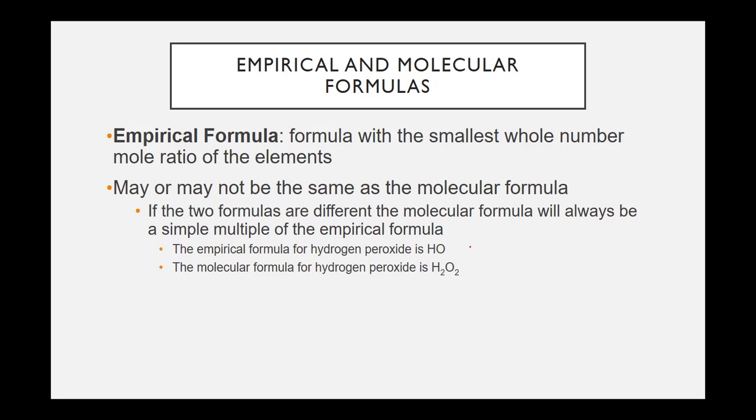So parang makuha kasi natin ang MF, we have here empirical formula. So means that yung N natin dito ay 2. So empirical formula HO, so molecular formula na natin ay H2O2.